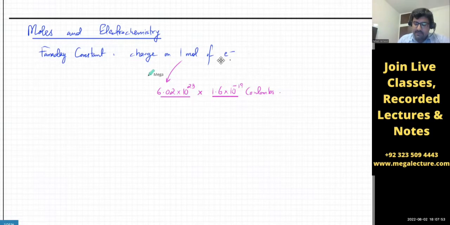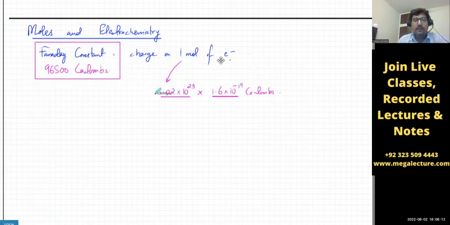The Faraday constant comes out to be approximately 96,500 coulombs. That's the value for the Faraday constant.